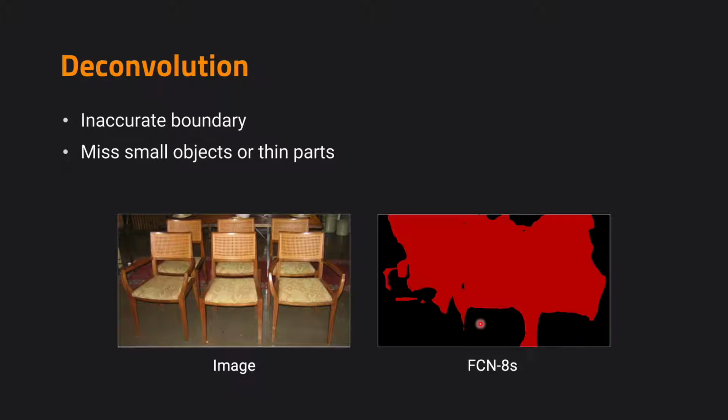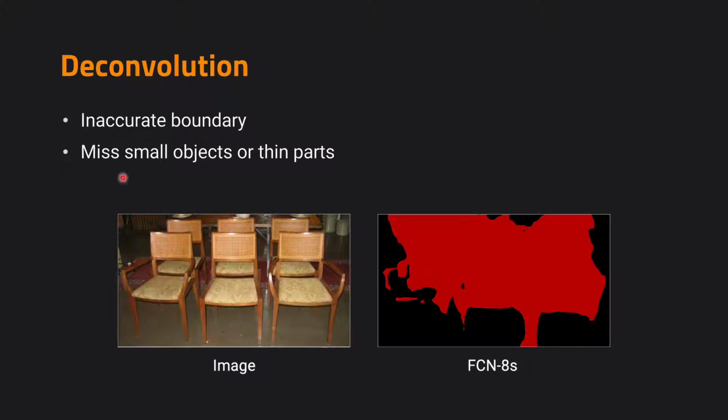However, that sometimes does not work very well, and we constantly observe inaccurate boundaries from the output. For example, when we want to segment those chairs, you can see that we do not observe the back of the chair clearly from the output image.